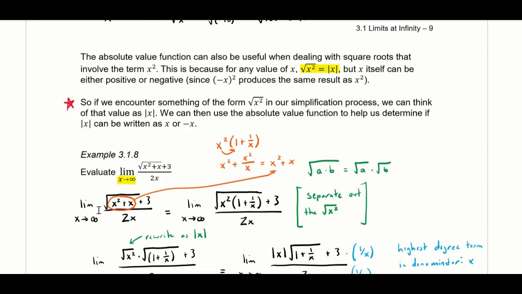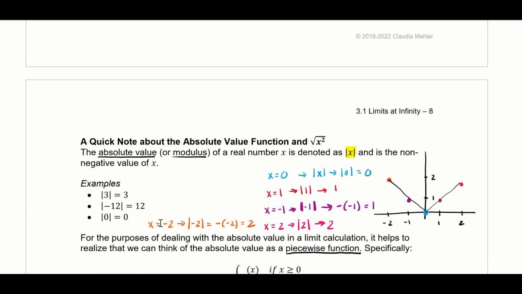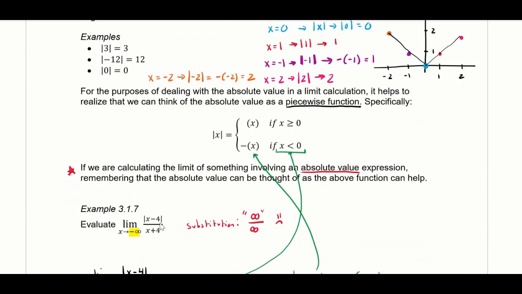So here, I'm going to note that x is going to positive infinity with our limit, which means I can rewrite this absolute value as just plain old x, because based on our piecewise function, if our values of x are positive, then we just drop the absolute value bars and write our non-negative value as our function.